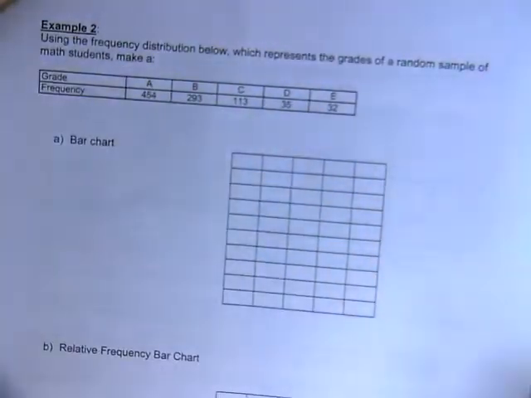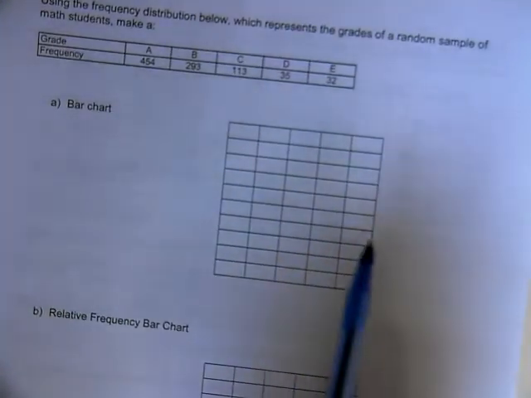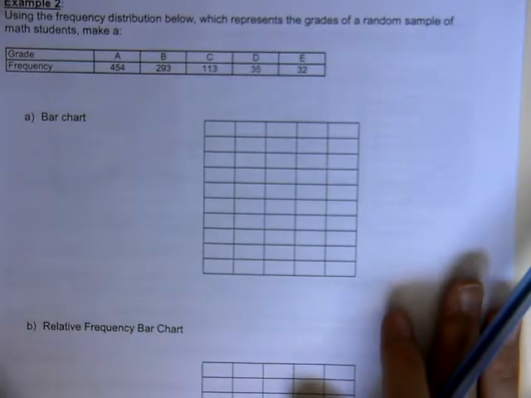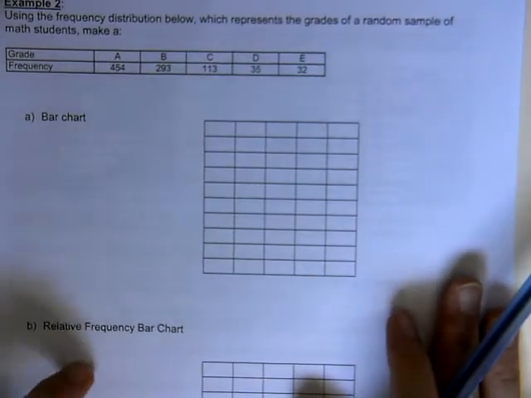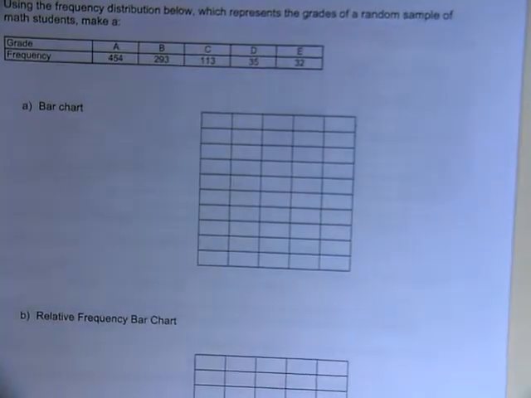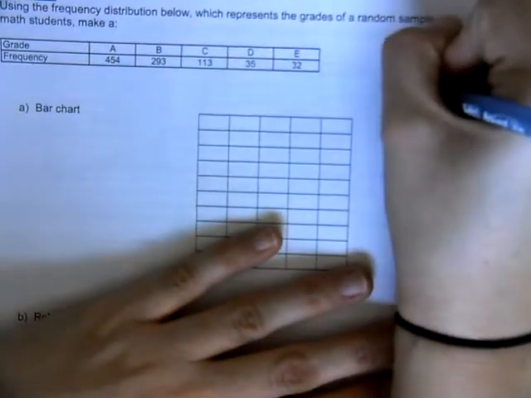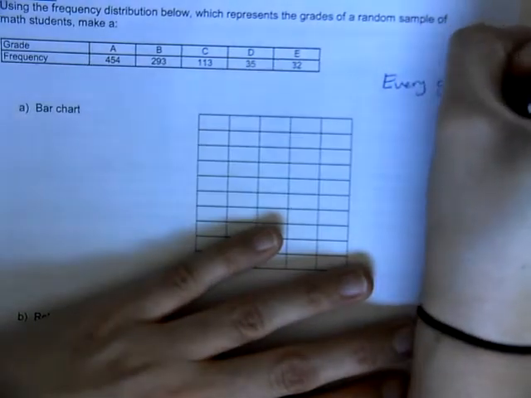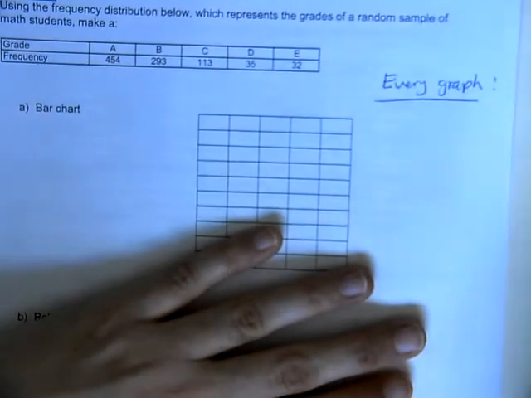Okay, so moving on to example 2, what we're going to do, we're going to use a frequency distribution, which represents the grades of a random sample of math students. So we're going to make a bar chart and we're going to make a relative frequency bar chart. So you're going to be making a lot of graphs in this class. So in this class, every graph needs to have a few things.